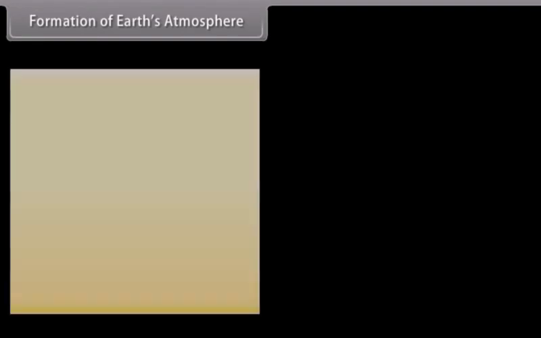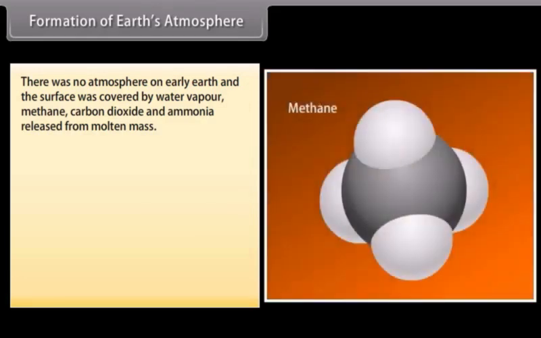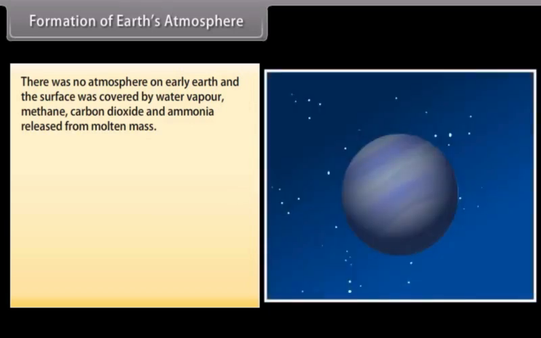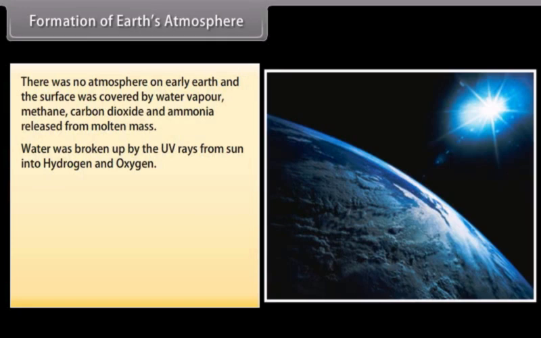Formation of Earth's atmosphere. There was no atmosphere on early Earth. The surface of Earth was covered by water vapor, methane, carbon dioxide, and ammonia released from molten mass. Water was broken up by the UV rays from sun into hydrogen and oxygen.